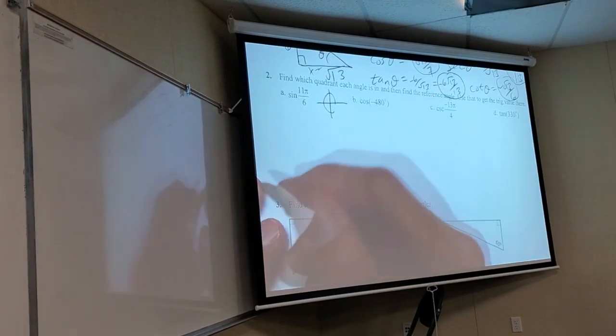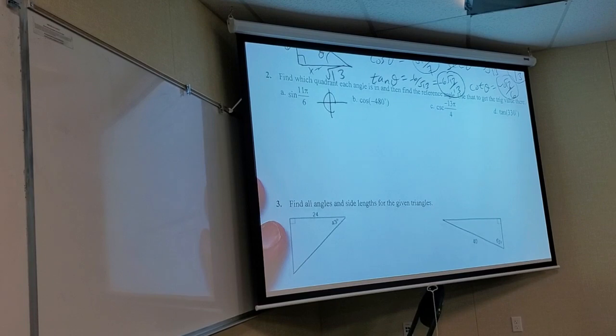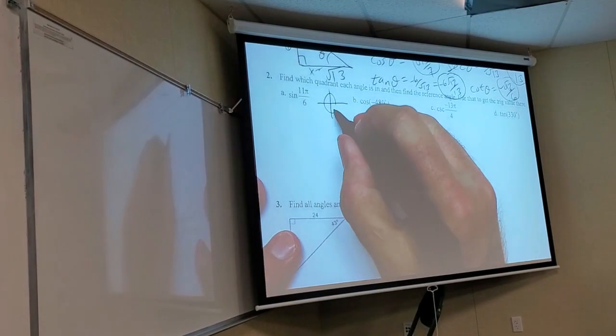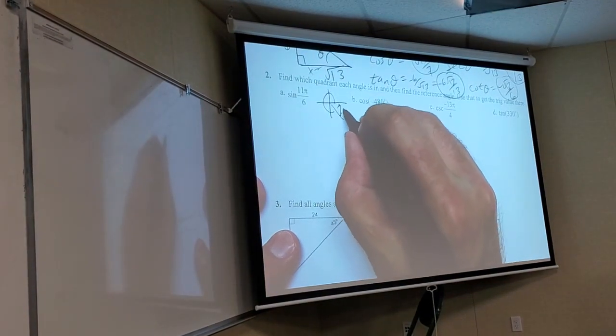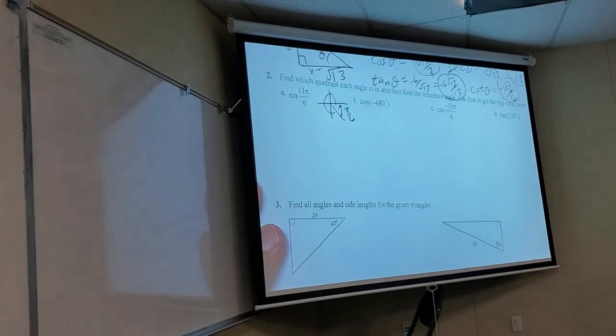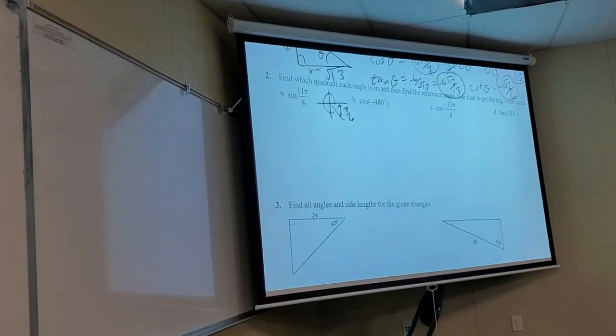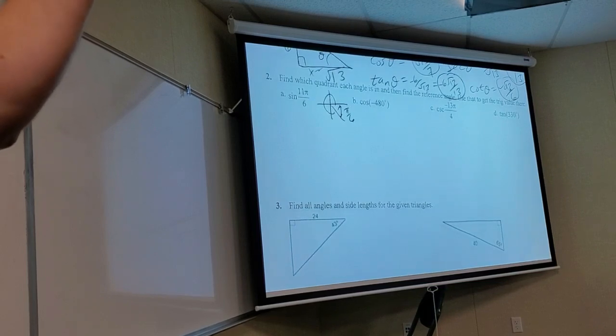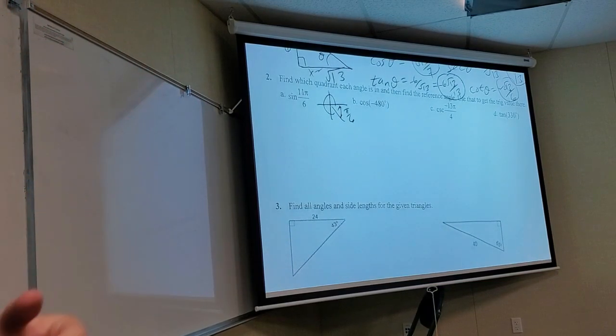If 2 pi is 12 pi over 6, did 11 pi over 6 make it? How short did it come? 1 pi over 6. So as you think about the angle I'm given, how much did it go? Did it go short or did it go past? That's the reference angle, the amount that it came up short or the amount that it went past. Does that make any sense?